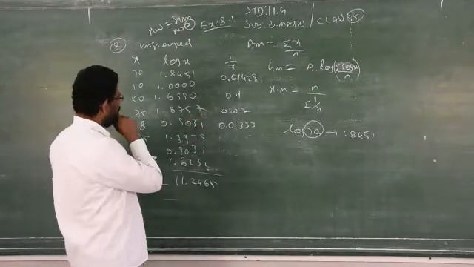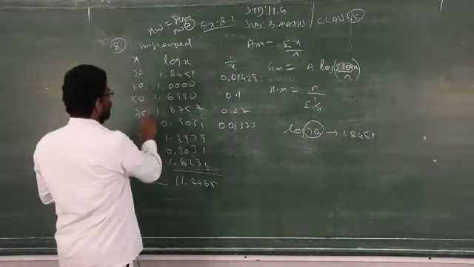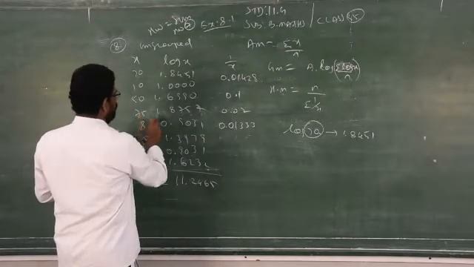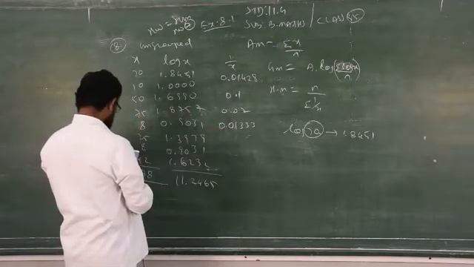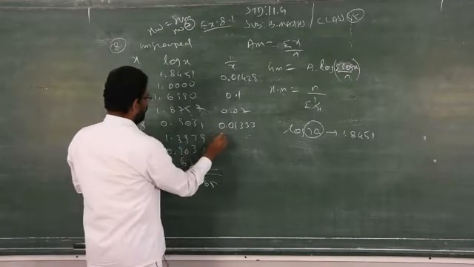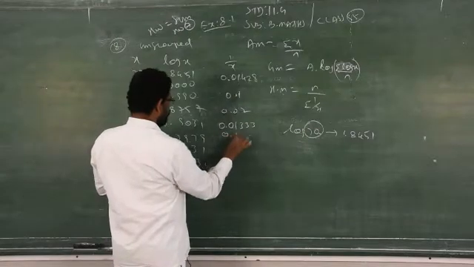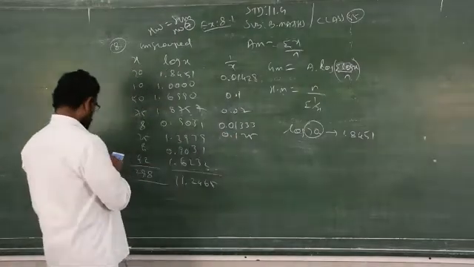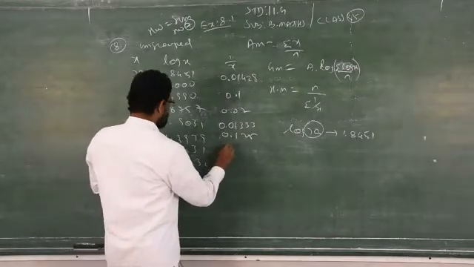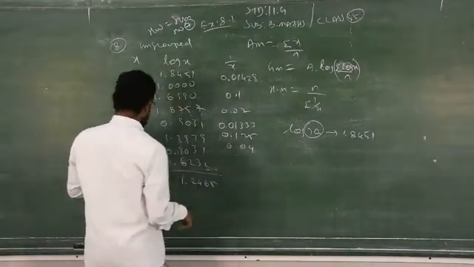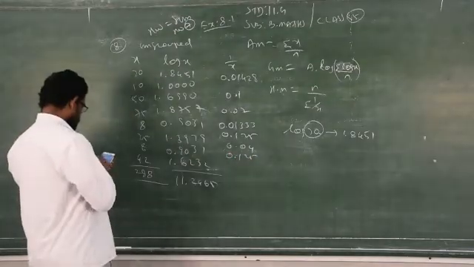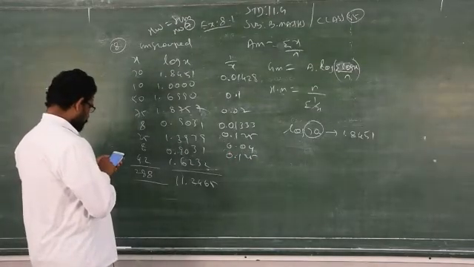Then what is the last one? Then 1 by 8, that is 0.125. Then 1 by 25. What will be the answer? 0.04. Again 1 by 8, 0.125. Then 1 by 42.